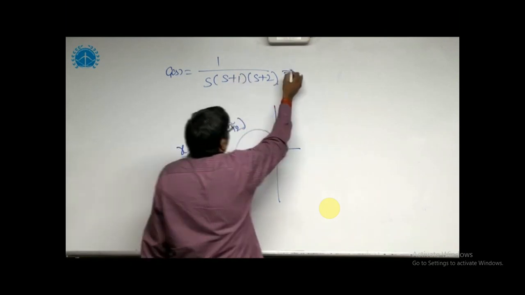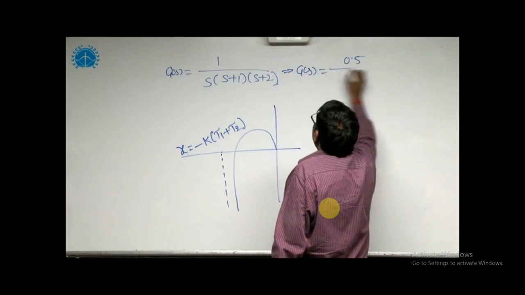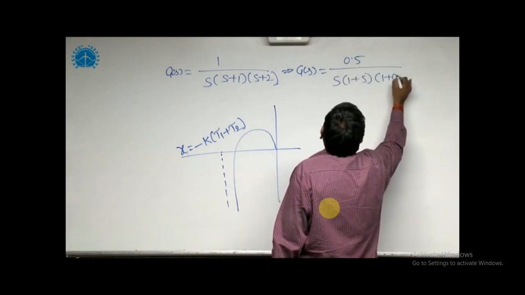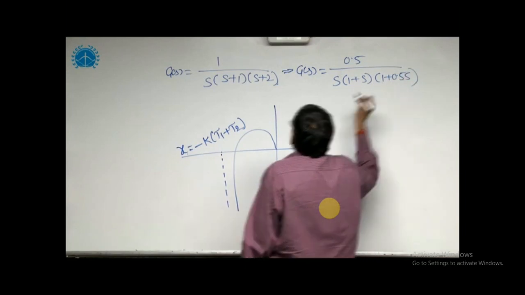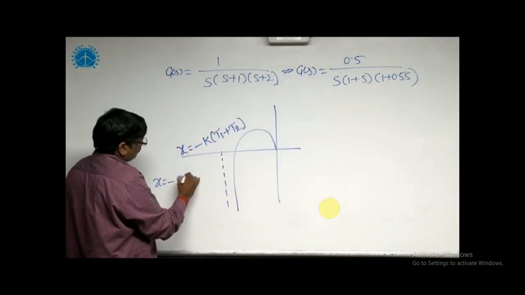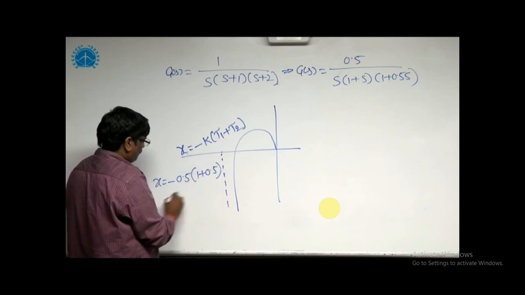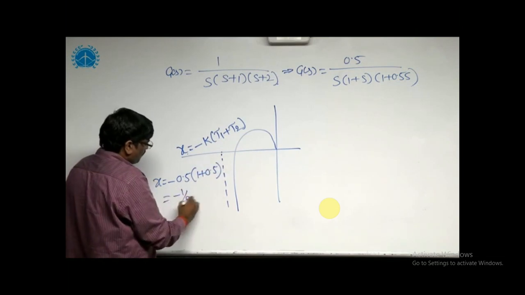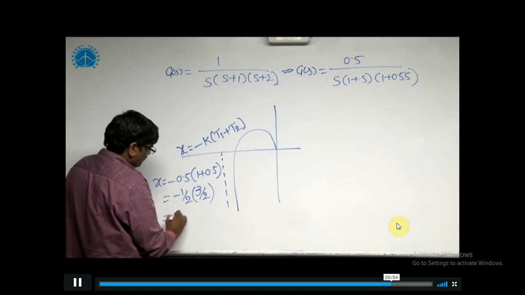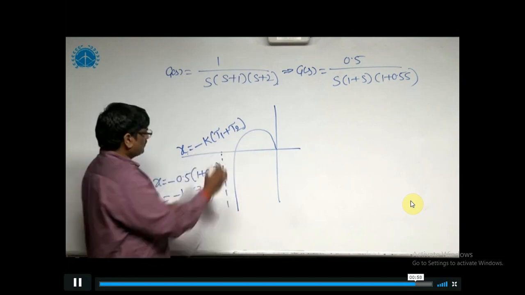If you convert into time constant form, it will be 0.5 divided by s into (1 plus s) into (1 plus 0.5 s). Then the x value is minus K, so minus 0.5, tau 1 is 1, tau 2 is 0.5. If we solve this, minus 1 by 2 into 3 by 2. So the answer is minus 3 by 4. So the answer is A.